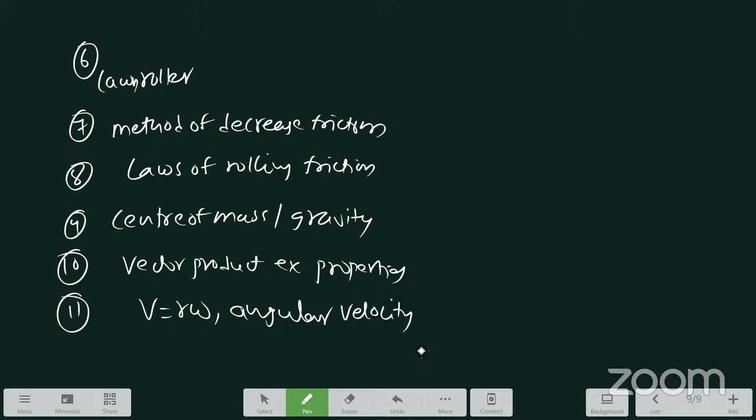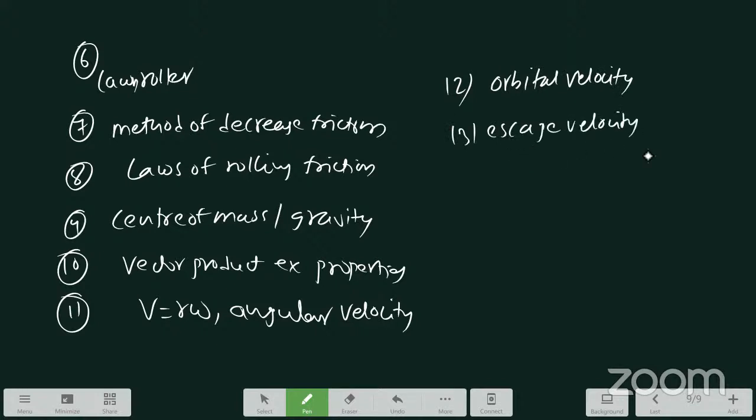These are all the questions finished over these many days. Next, orbital velocity. Next, escape velocity. Kepler's laws.